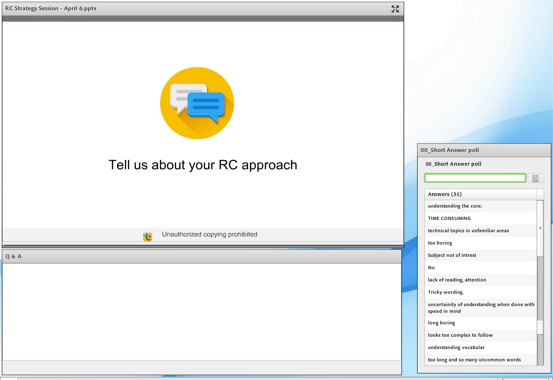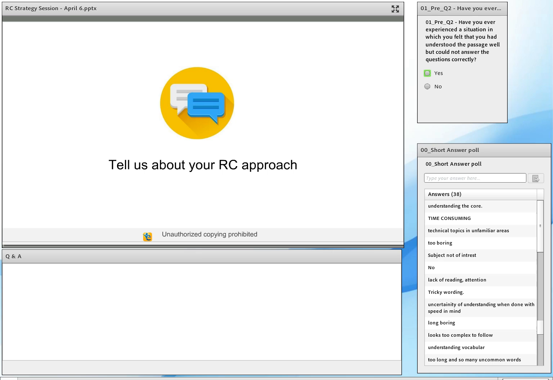Now, another question that I have is how many of you experience the scenario in which you have read the passage, and in this case, you understand the passage really well, and you feel you get that confidence, and you're all excited about answering the questions, but when you come across the first question, you feel, oh, did I even read the passage that would be able to help me answer this question?